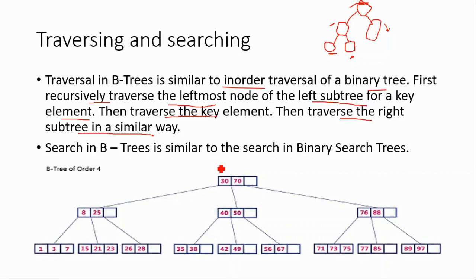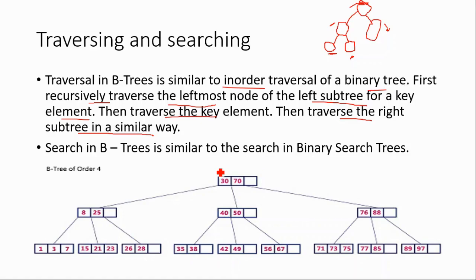Means after traversing one node, you have to go for another subtree. Not always can you traverse all the elements of a particular node at one time. Now this what I told is also a bit confusing, so let's go directly to an example.